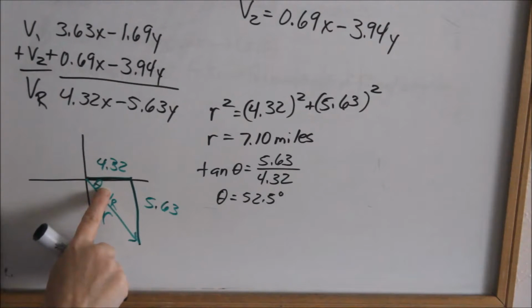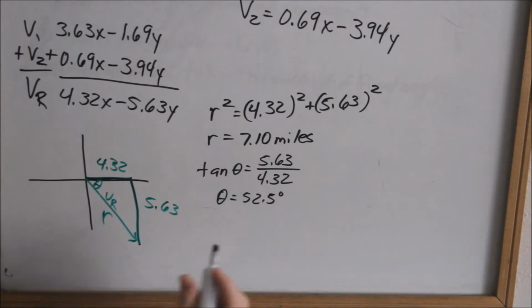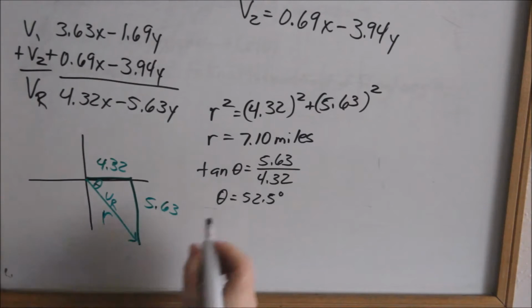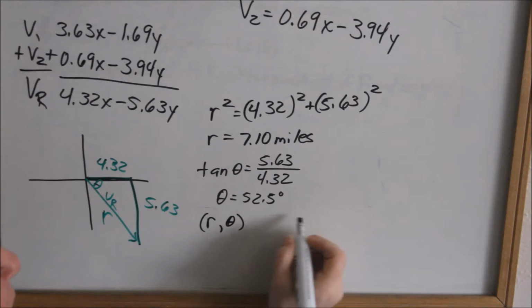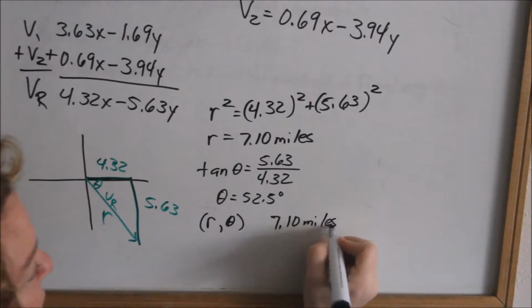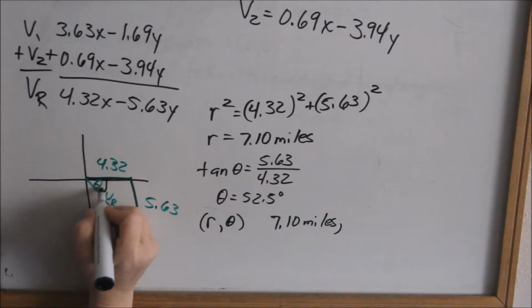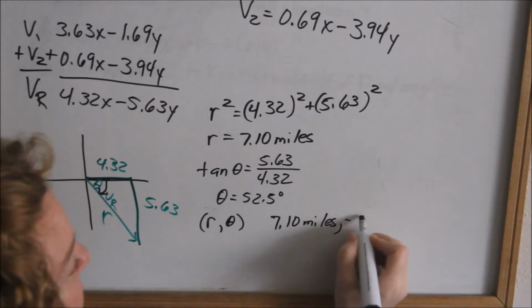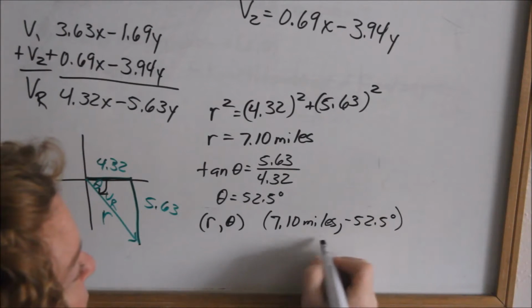How do we state this so that we will know we're in quadrant 4? Because this vector is in quadrant 4. There are 2 different ways you can write this answer, because we're going to write it in the r theta format. It can be written as 7.10 miles, and then to know we're in quadrant 4, we can go a negative 52.5 degrees starting from 0.